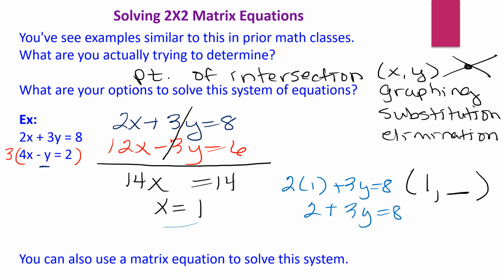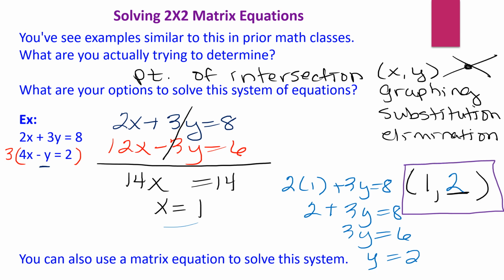We'll use an inverse operation by subtracting 2 on both sides to get 3y equals 6. And lastly, another inverse operation dividing both sides of the equation by 3 to give us a y value of 2. So our point of intersection, if I were to graph those two linear equations, they would intersect at the point 1, 2.